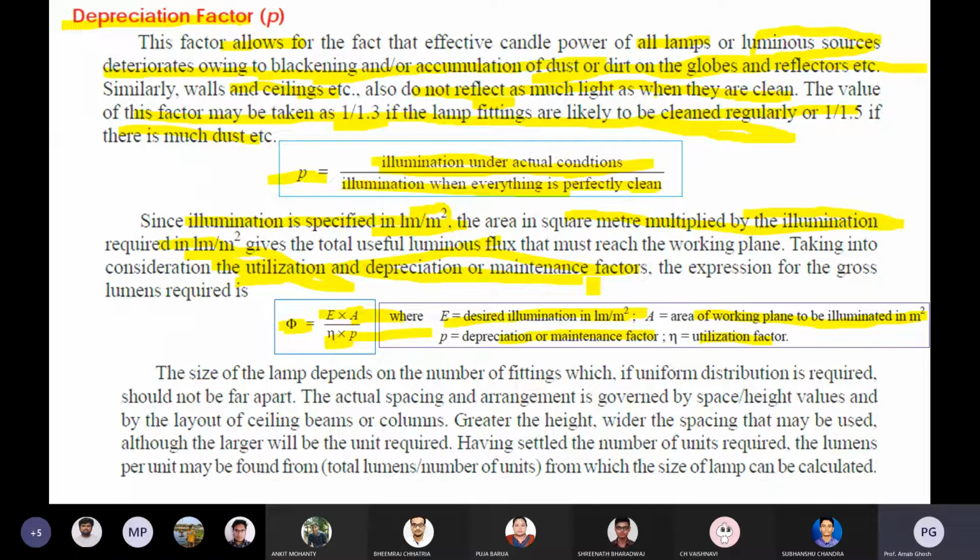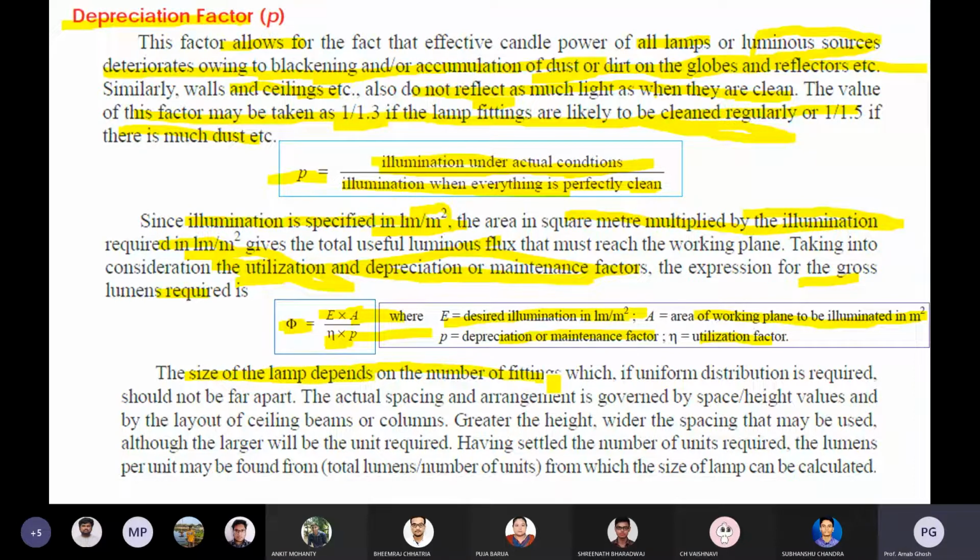Now, the size of the lamp. The size of lamps depends on the number of fittings, if uniform distribution is required, and they should not be far apart. The actual spacing and arrangement is governed by the space-to-height values and by the layout of beams or columns.